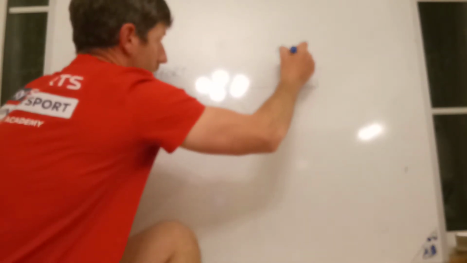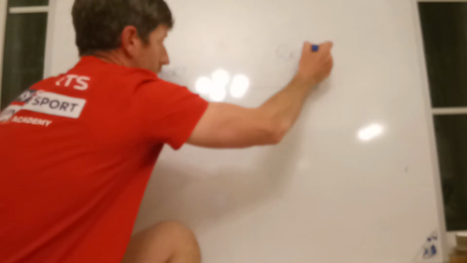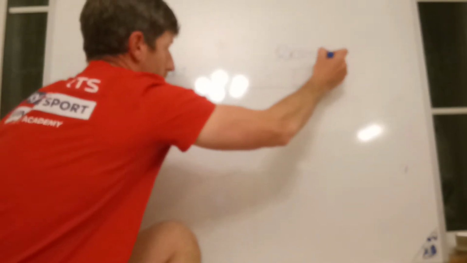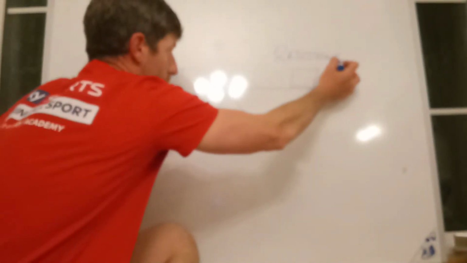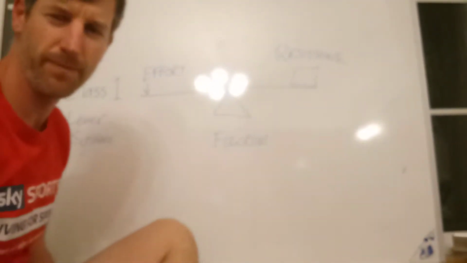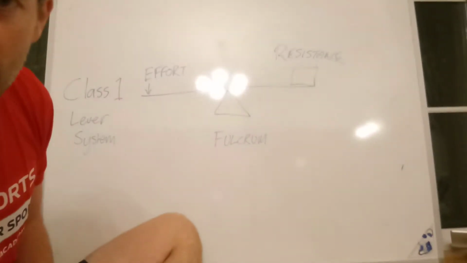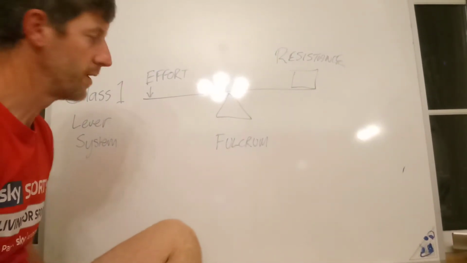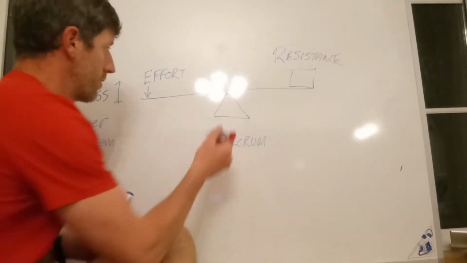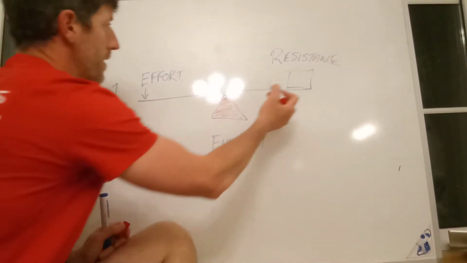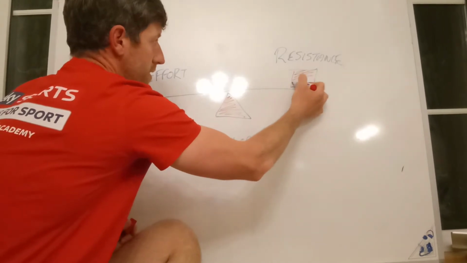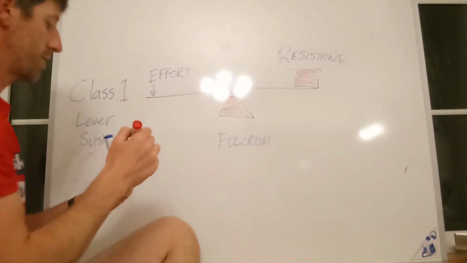For GCSE you have to say resistance. That's otherwise known as a load. Resistance or load. Hopefully you can still see that. I know the light's not great at the moment. So in the middle, you've got the fulcrum, which is represented as a triangle. On one side you have the resistance, and on the other side you've got the effort.